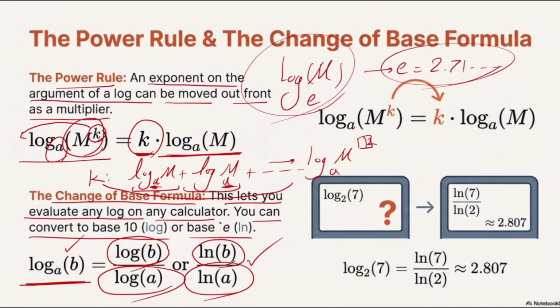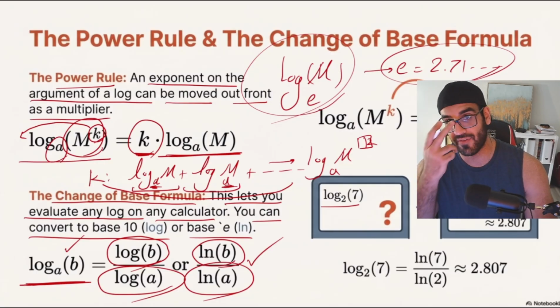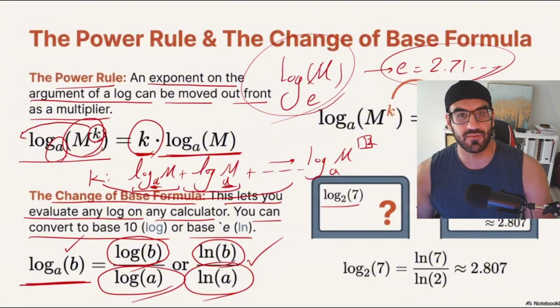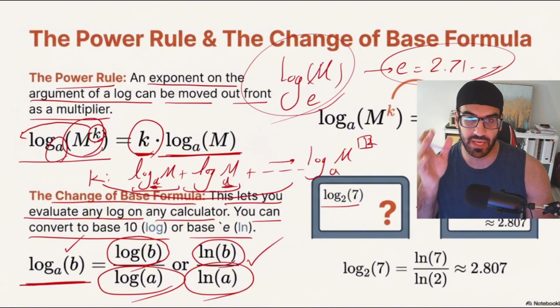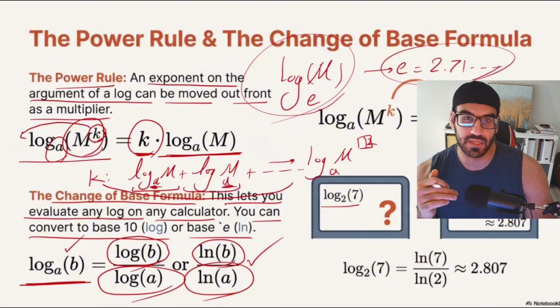For instance, if I would like to find the log of 7 with the base of 2 on some calculator, it would be a little bit challenging, because most basic calculators only have log and ln. And for advanced calculators, we do have log with a base that we can consider. So what we can do at that time is use this rule and write it as one log or one ln on the top and another on the bottom, while the base is going to be, for example, 10 on both, but the numbers are going to be the number inside the log and the base of the first number.